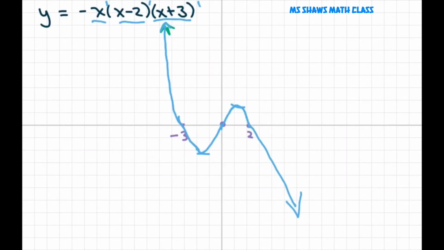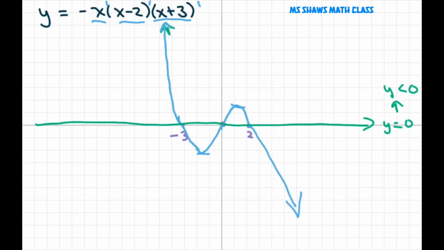Now let's talk about where our graph is. So above the graph is y greater than 0. Below the graph is where y is less than 0. So this is greater than 0. That means positive. That means negative. All right. So for positive, we only have two parts.